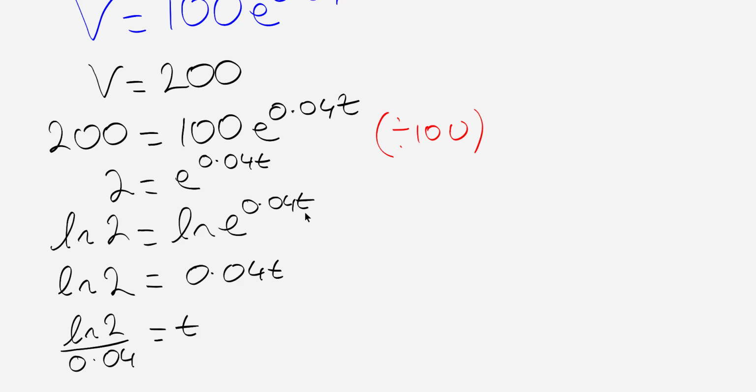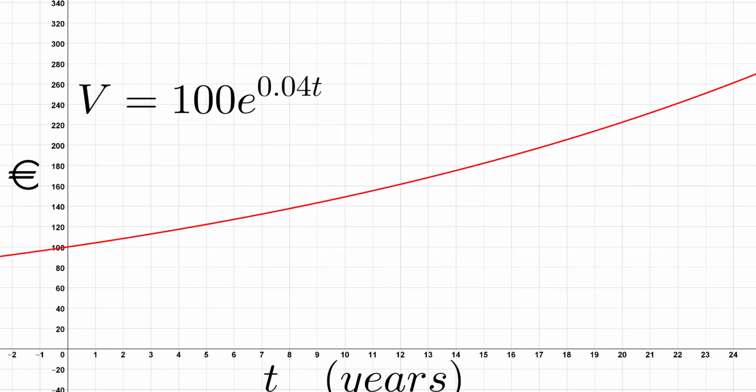And if we type that into our calculator, we will get t = 17.33 to 2 decimal places. And remember, that was in years. So after 17.33 years, the investment will be worth 200 euros. So on the graph, how long will it take the investment to double? It will take approximately 17.33 years.